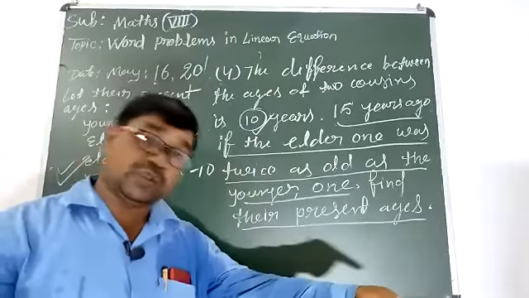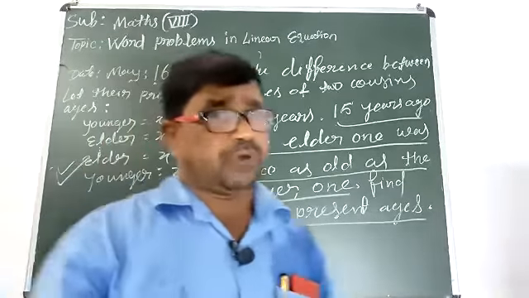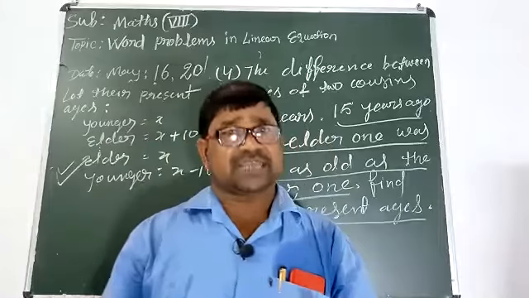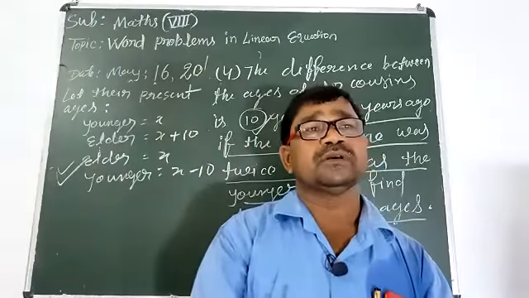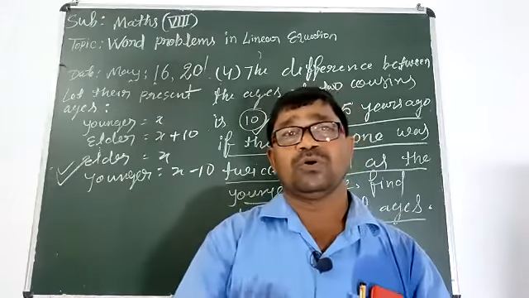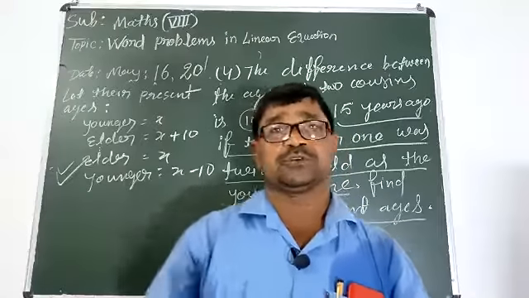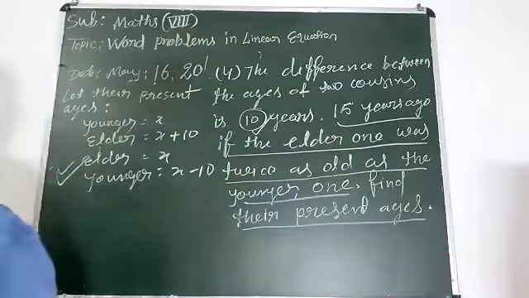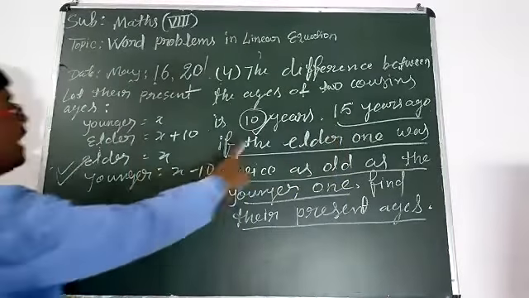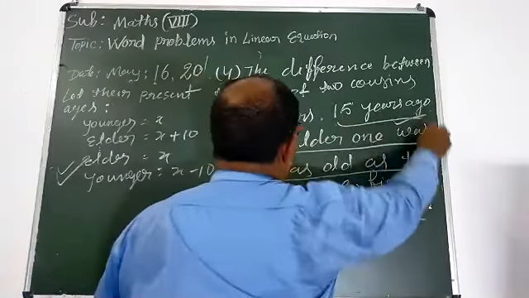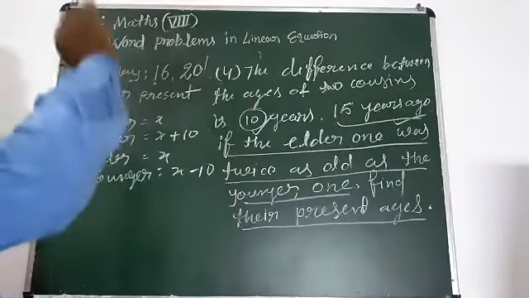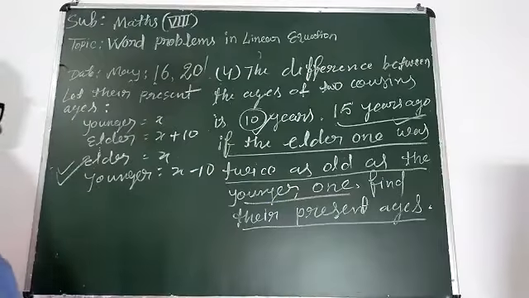If you are 15 years old at present time, then before 15 years, 15 minus 15 equals 0. Similarly, 15 years ago. Ago means before. Okay, student.